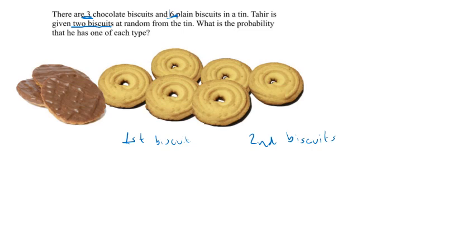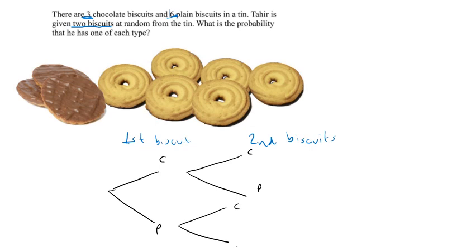So then in terms of drawing up my tree diagram, it's going to look something like this. I've got just enough space to do it. And then in terms of the options, we can have chocolate and plain. And then the second biscuit could either be chocolate or plain, or chocolate or plain, so on.